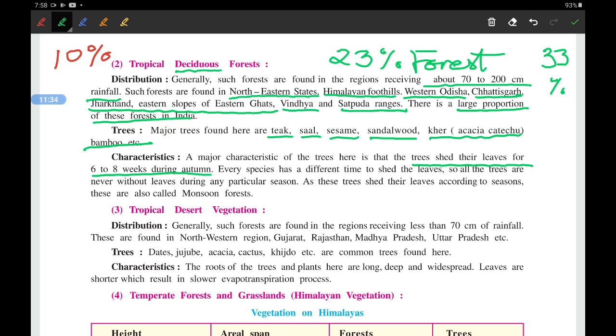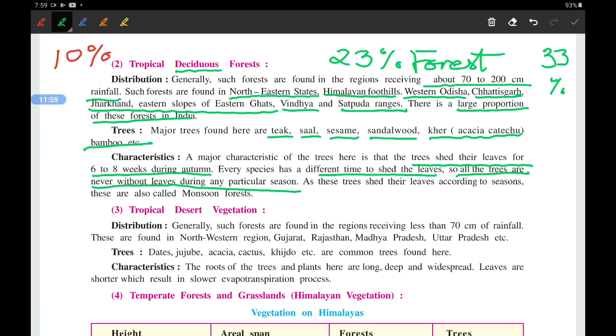Every species has a different time to shed its leaves, so the whole forest never looks barren without leaves at any particular time.